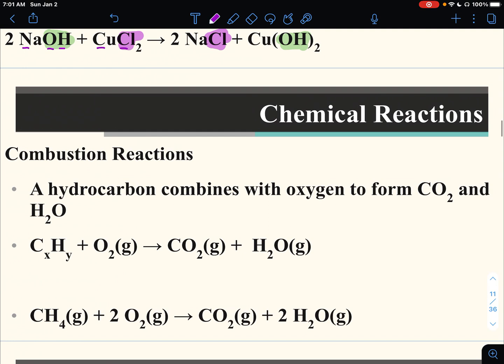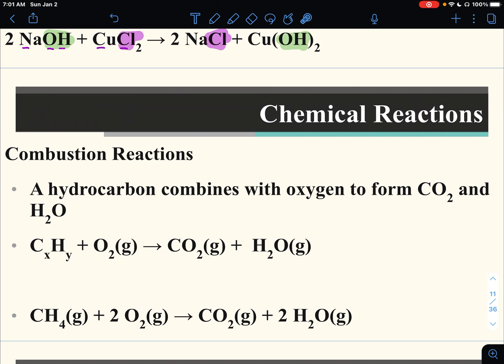The last one we need to talk about is combustion. Combustion is its own little thing. It's actually meant to be easier to recognize, but for some reason, sometimes students really do have a hard time. So what's going to happen is a hydrocarbon combines with oxygen to form CO2 and H2O. A hydrocarbon is just something that has hydrogen and carbon. So when you look at our generic form, we're always going to have C and H, and they'll have different subscripts.